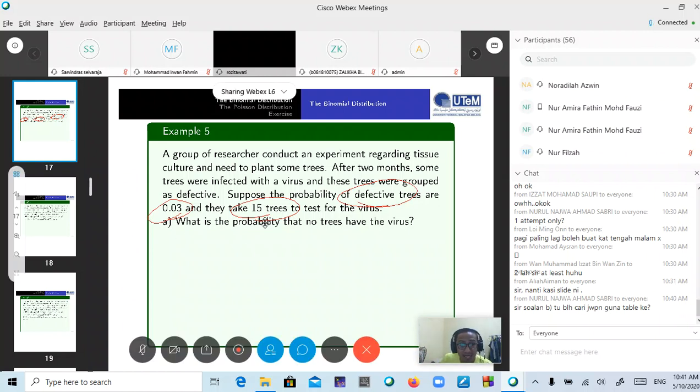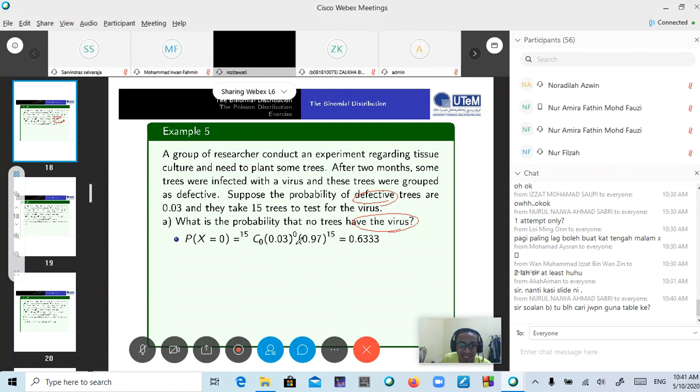Question A. What is the probability that no trees have the virus? No trees, meaning you want to find the probability of X equals 0. So you can get 15C0 times 0.03, because have the virus means that it is defective.